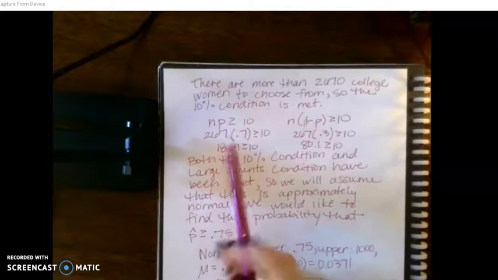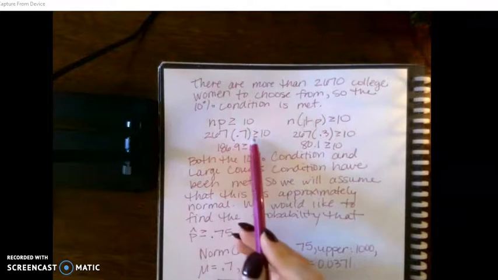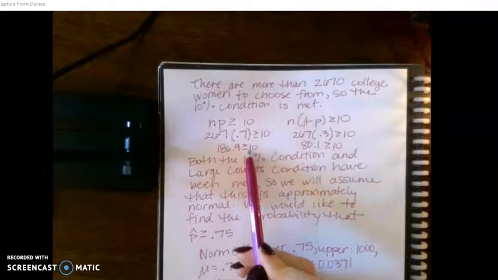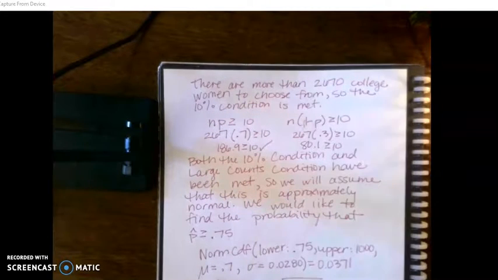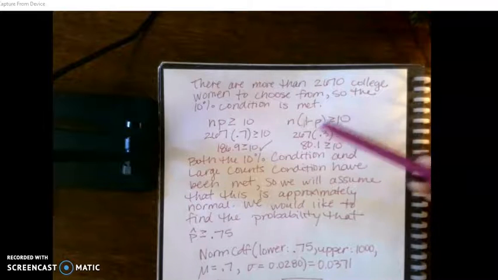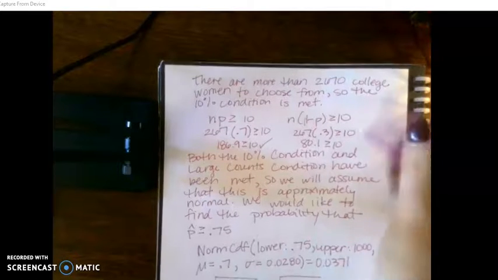So n times p is greater than or equal to 10: 267 times 0.7 is 186.9, which is greater than or equal to 10. This is true, so it meets that condition. Now we look at n times 1 minus p: 267 times 0.3, because 1 minus 0.7 is 0.3, is 80.1, which is greater than or equal to 10.